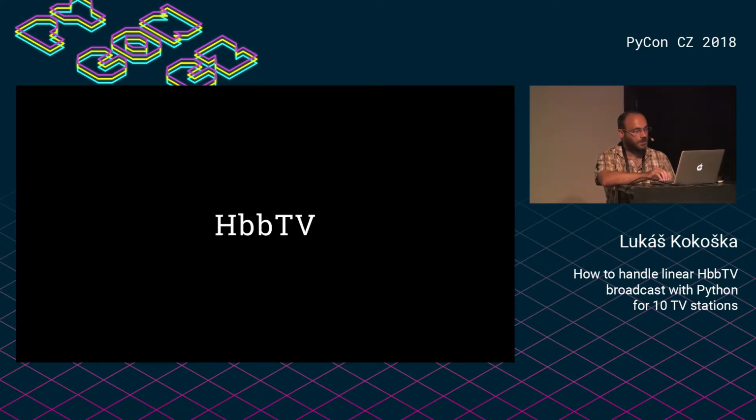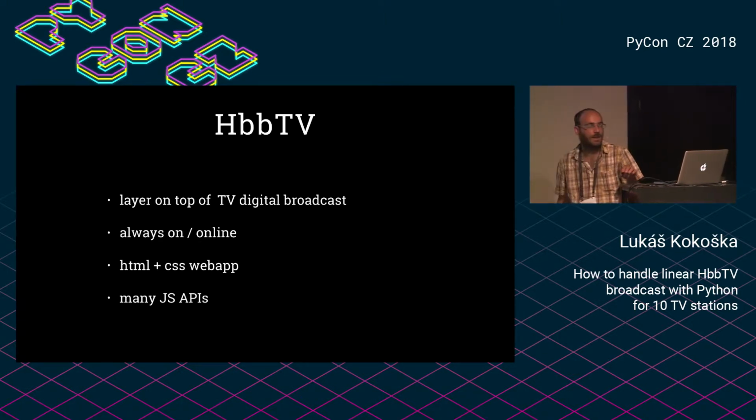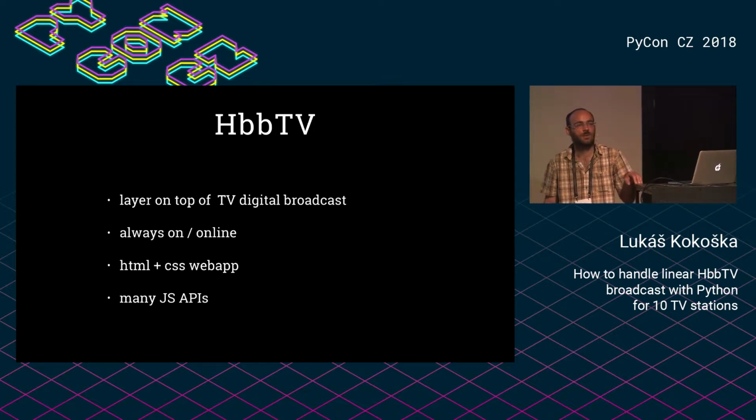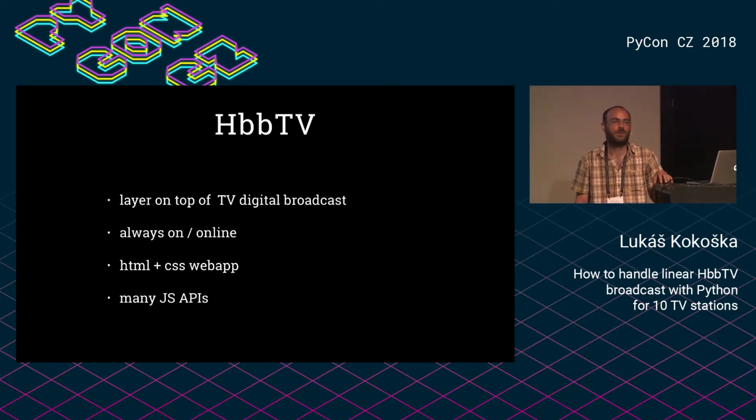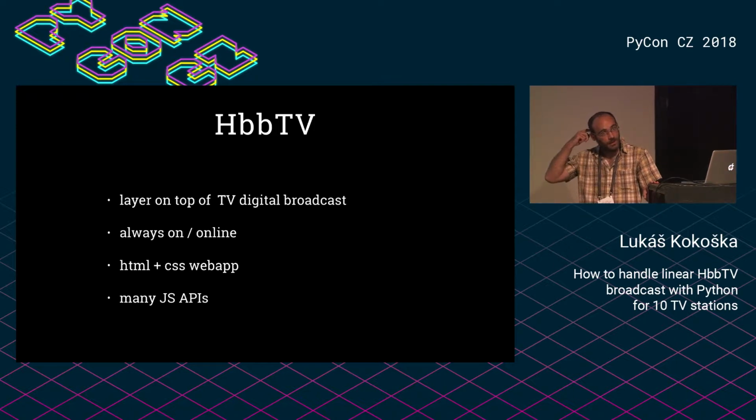So, HbbTV. HbbTV is a layer on top of digital broadcast of terrestrial, satellite or cable TV distribution. HbbTV defines some special events, special packets in the primary video stream that tell the TV, the client, hey, there's an app, you should run this app and overlay it over the standard broadcast.